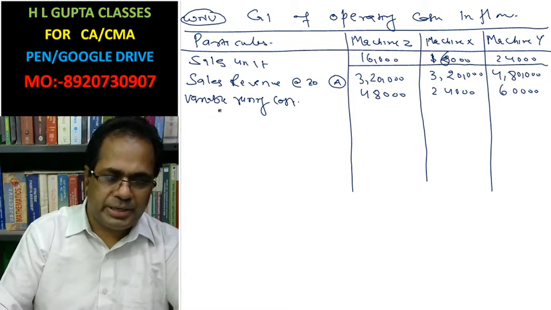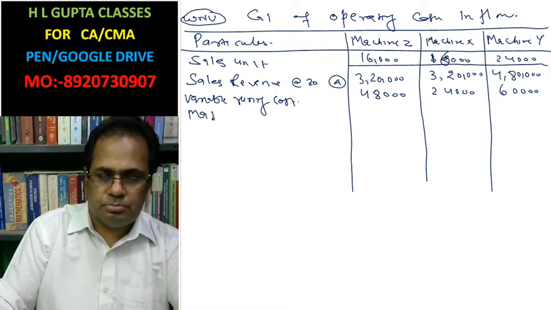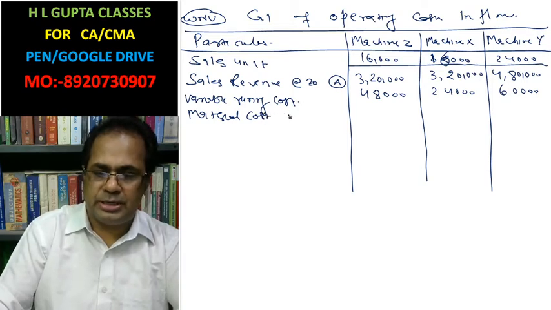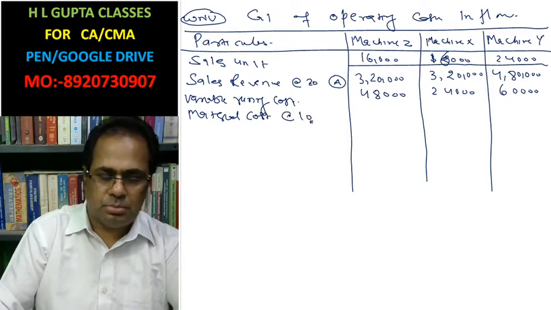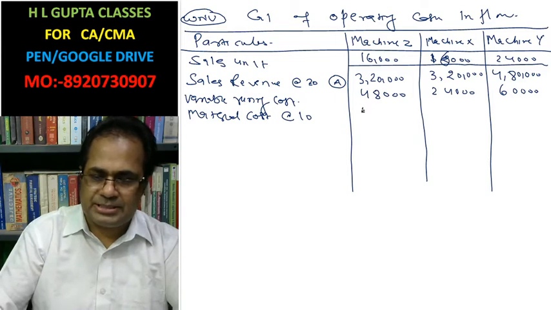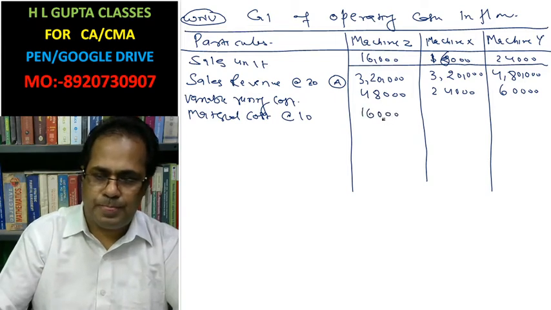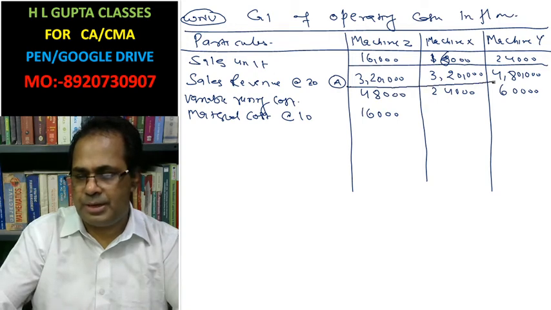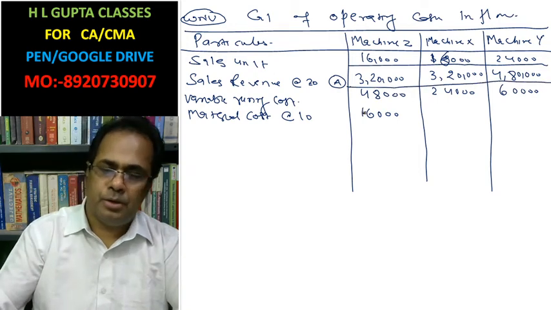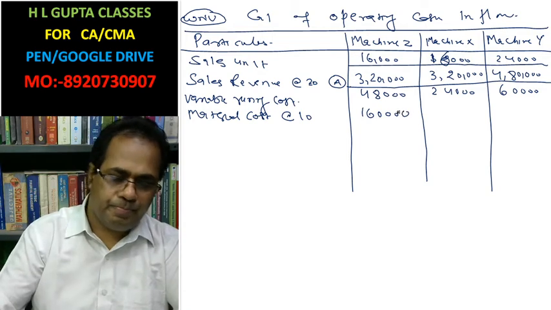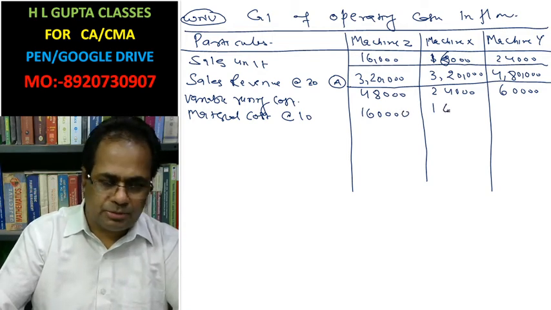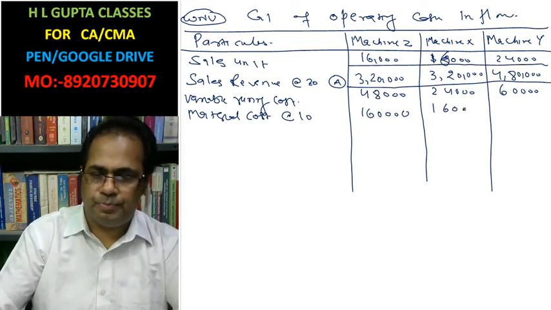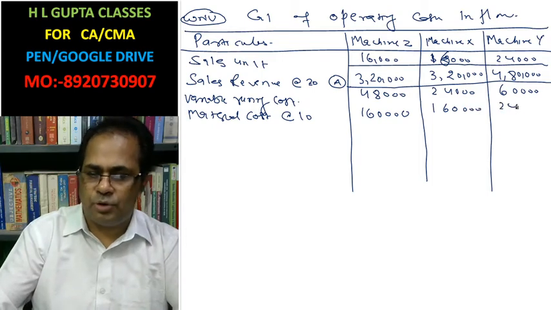Now material cost, at the rate of 10. This is 1,60,000, 1,60,000, 2,40,000. This is sales information, keep it separately.